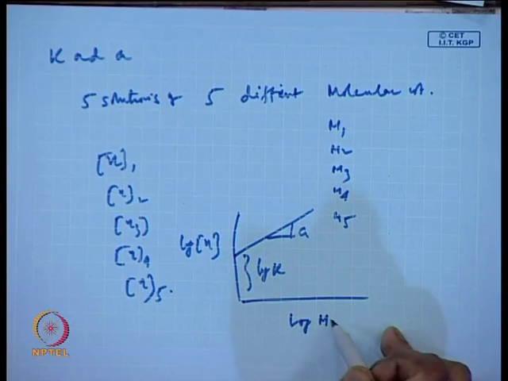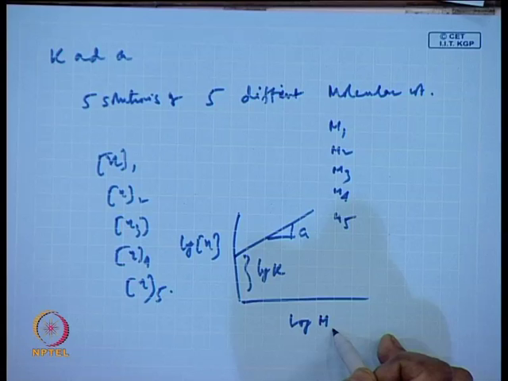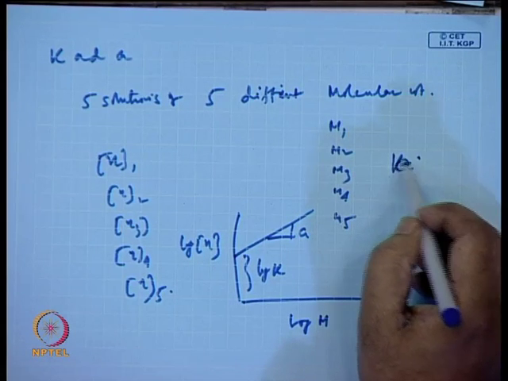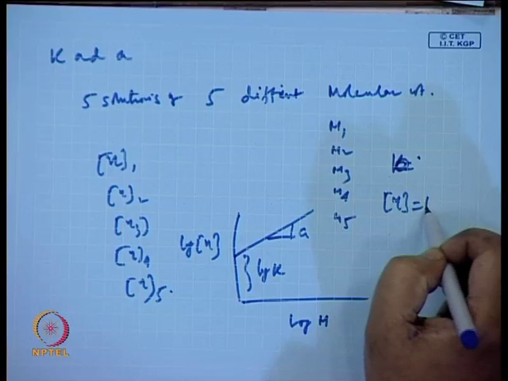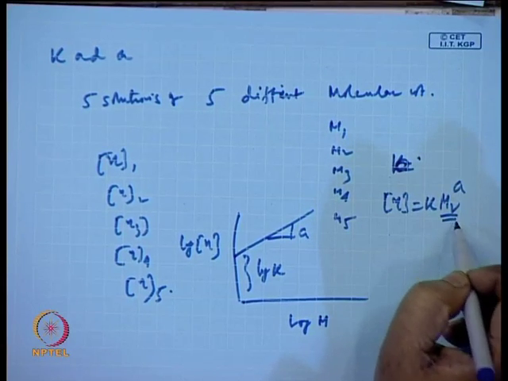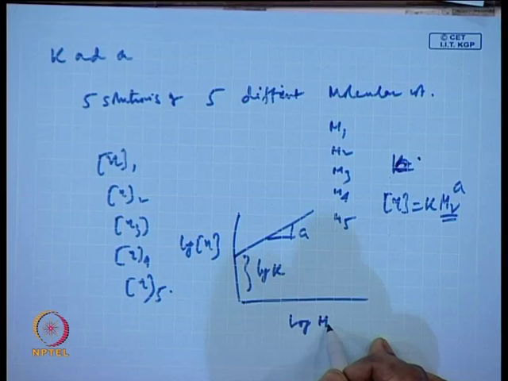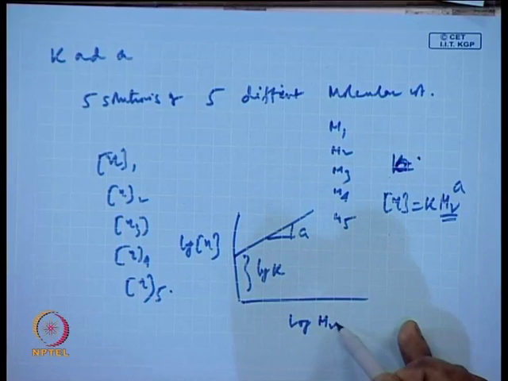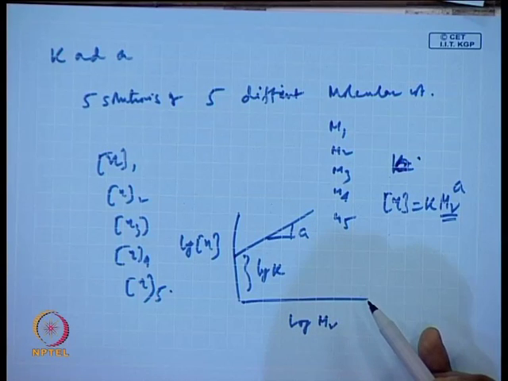Now, actually this is supposed to be Mv. The expression gives you eta is K Mv to the power a. So, ideally you should have Mv value for all these samples, which you do not have, because that is what you are determining.